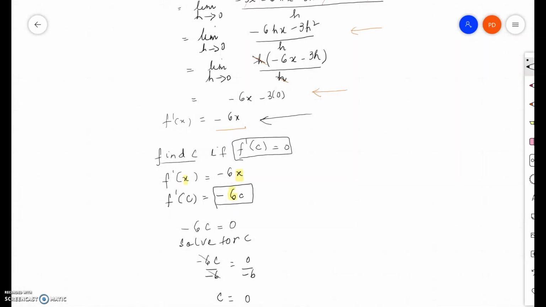Now we set f prime of c to 0 and then solve for c. So the first step is to set it equal to 0 and the next step is to solve for c. So the derivative is 0 when x is equal to 0. That's what we've proved.